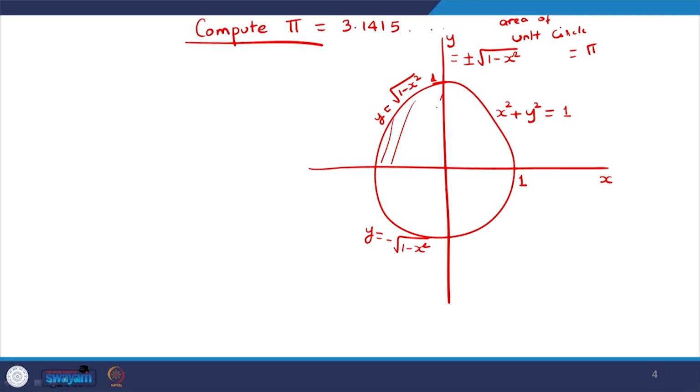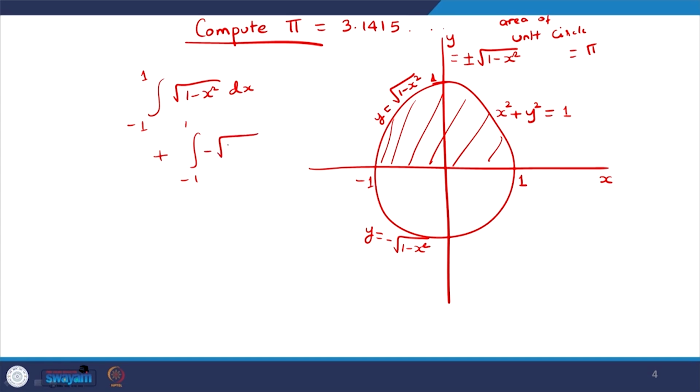So, the area under the curve for the top is given by the integral from minus 1 to 1 of under root 1 minus x square dx, and for the bottom it is the integral from minus 1 to 1 of minus under root 1 minus x square dx, and this is the area of the circle. So, if I can evaluate these two integrals, then I can get the area of the circle.